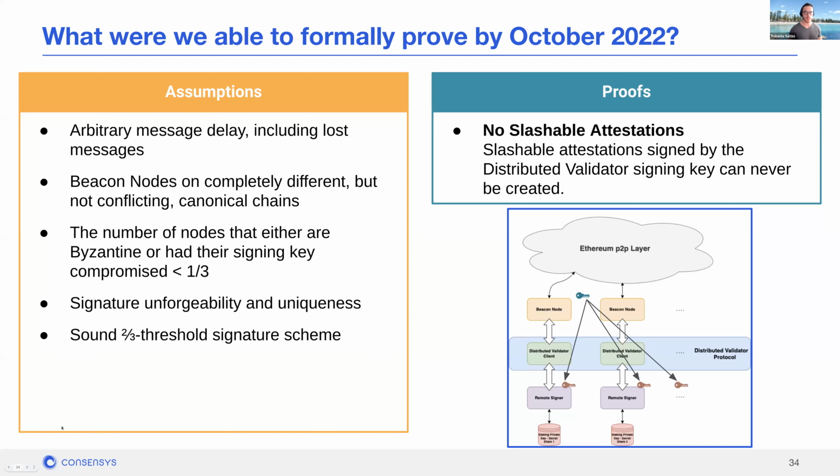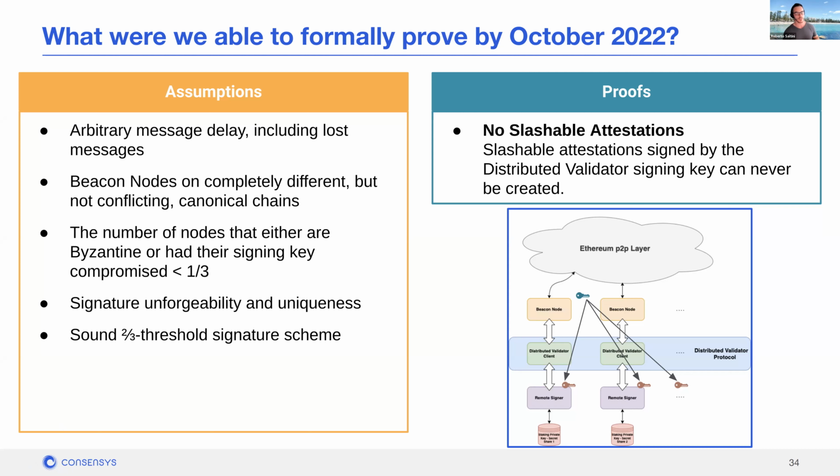Let's start by speaking about what we were actually able to do by October 2022, which is when we presented the initial work at DevCon. We were able to have a proof of this non-slashable attestation property, using various assumptions. Most of these assumptions we've already mentioned.